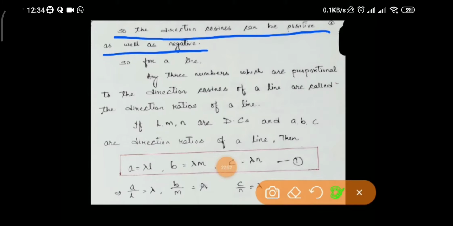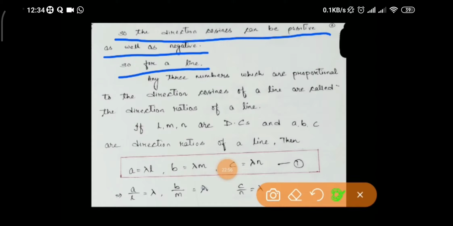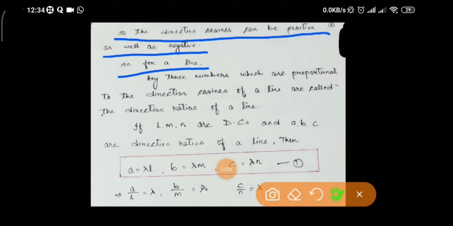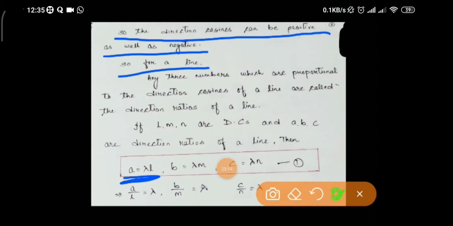for a line, you need to understand this very nicely. Any three numbers which are proportional to the direction cosines of a line are called direction ratios of the line. You look here, A is lambda times L, that is called proportional, or you can say A by L is equal to lambda, some value.